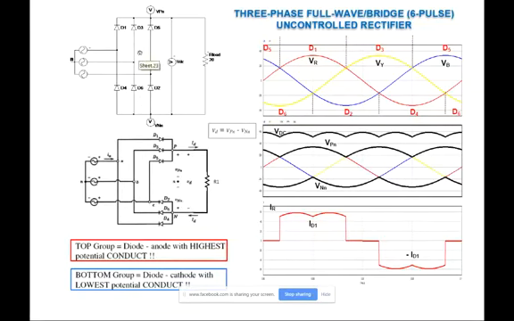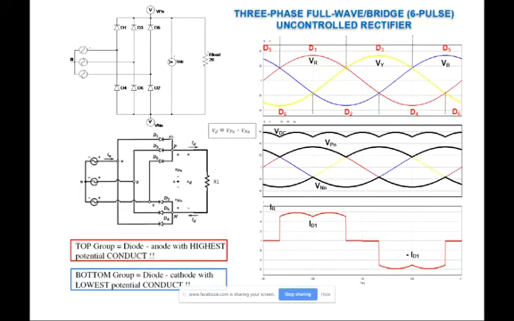So I'm going to rearrange this circuit into the next one. I'm going to rotate the top group, D1, D3, D5, by 90 degrees, and I'm going to rotate the bottom group, again by 90 degrees anti-clockwise. Then I will get D2, D4, D6 in this arrangement.